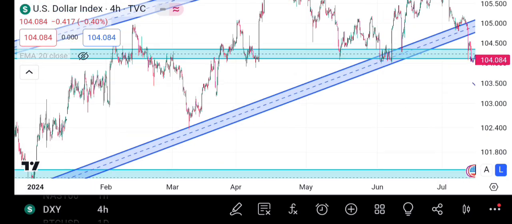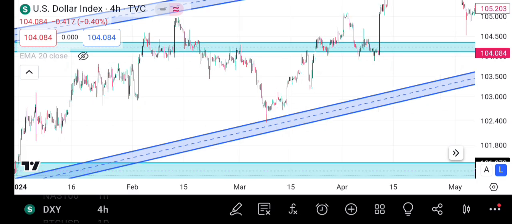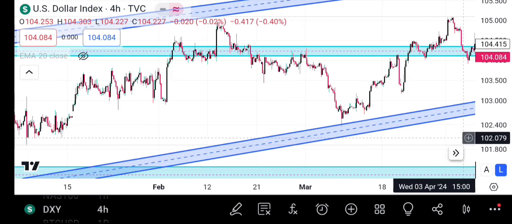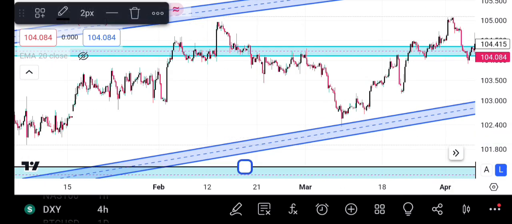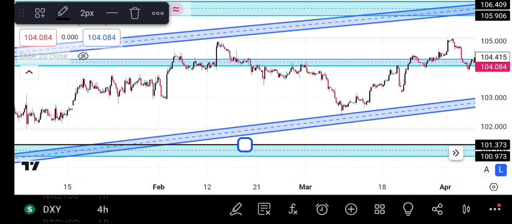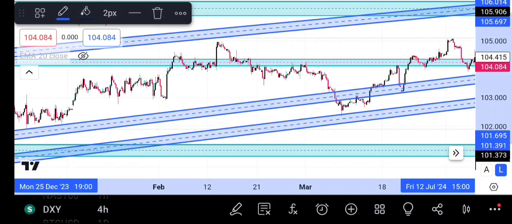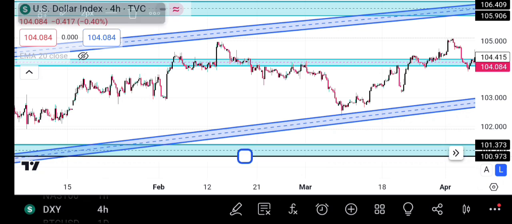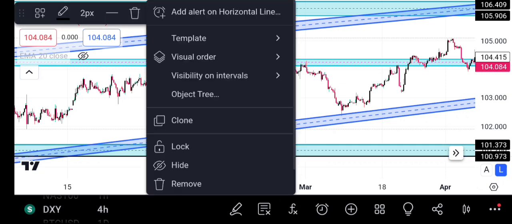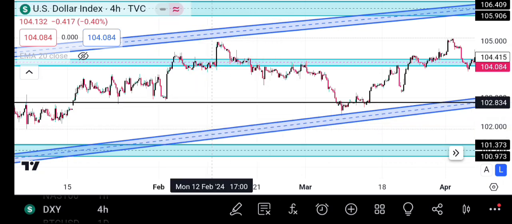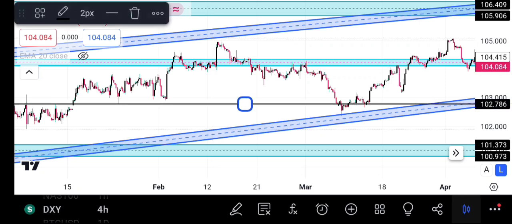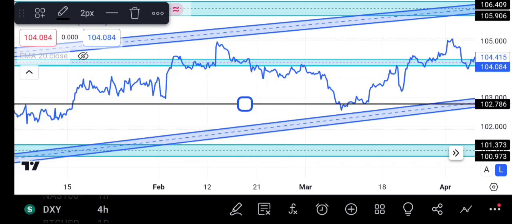The first target will be here. The first target for DXY is up.